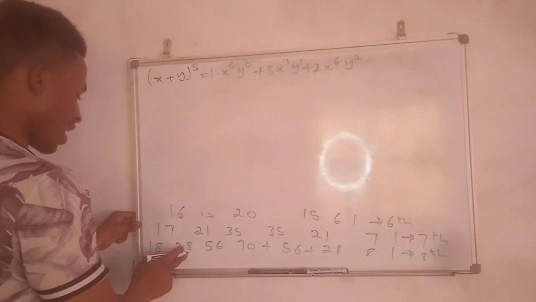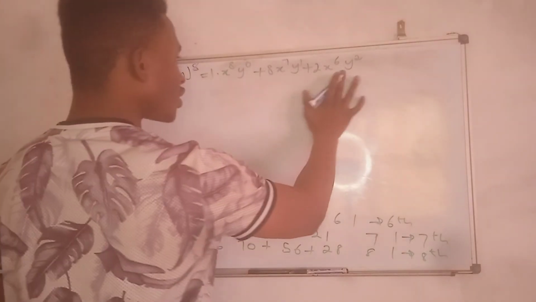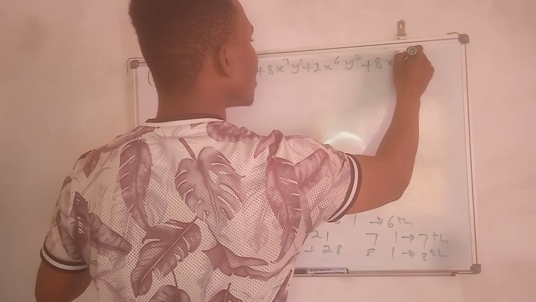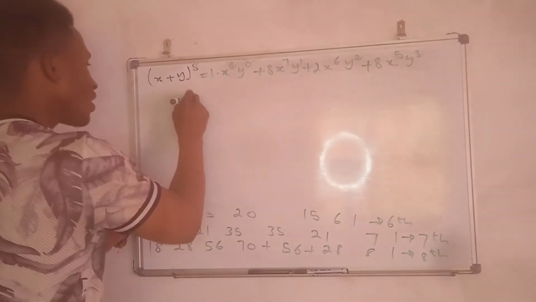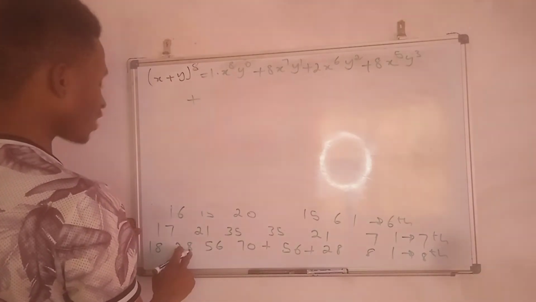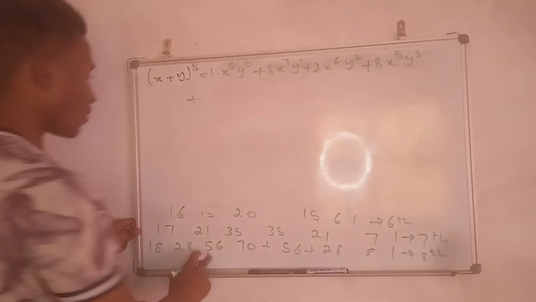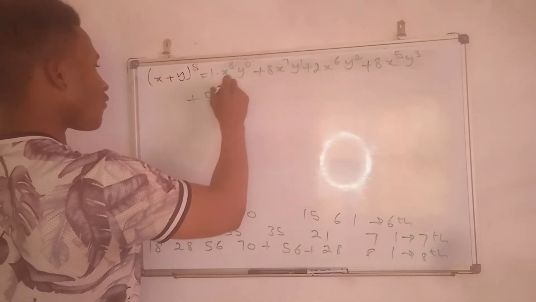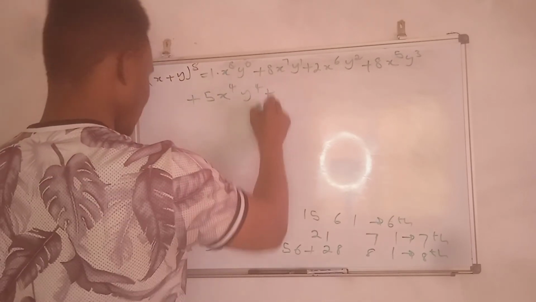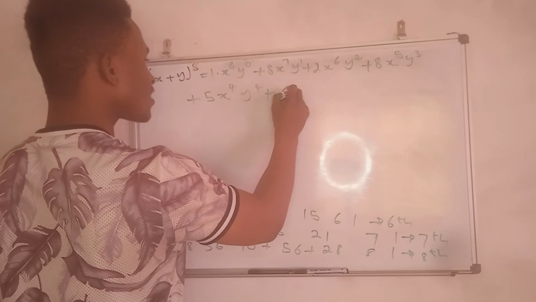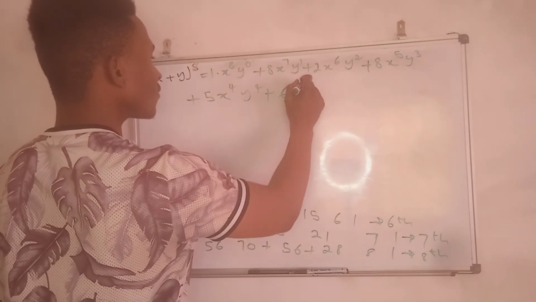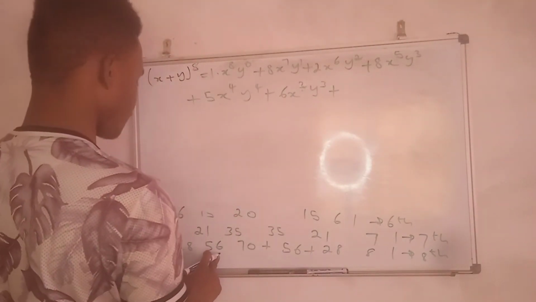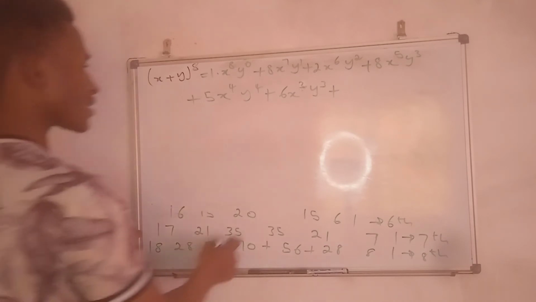And then my next coefficient will be 8. X is decreasing, but y is increasing. Plus, my next will be 5, because I was here. It will be 5x to the power 4, y to the power 4, plus 6x to the power 3, y to the power 3, plus I'm moving on to this 6.